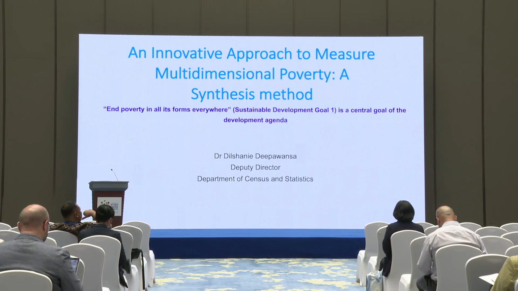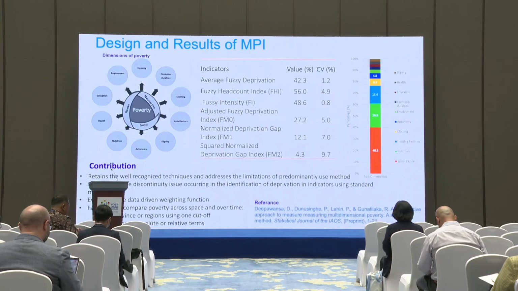It also incorporates some statistical techniques in selecting indicators and computing weights for the membership function using an evidence-based, data-driven approach. And it also uses ranking correlation techniques and robustness tests to establish the poverty cutoff.